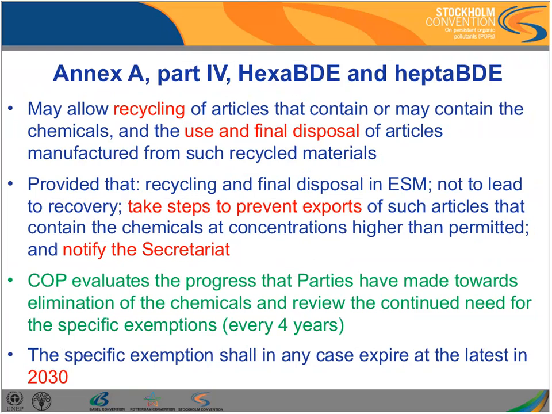The specific exemption allows recycling of articles that contain or may contain the chemicals, and the use and final disposal of articles manufactured from such recycled materials, provided that the parties follow these conditions: recycling and final disposal in an environmentally sound manner, not leading to recovery, taking steps to prevent exports of such articles that contain the chemical at concentrations higher than permitted within the territory of that country, and notifying the Secretariat.